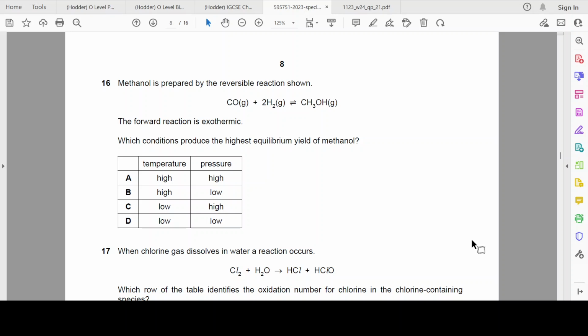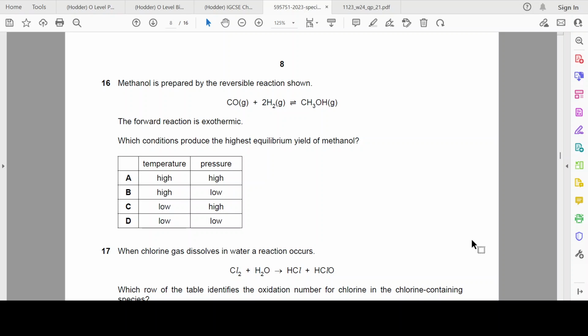Why automatically? Because in Boyle's law, no, no. You can alter pressure with volume as well. Remember? So you can cause pressure to increase without changing the temperature. You can keep the temperature constant.